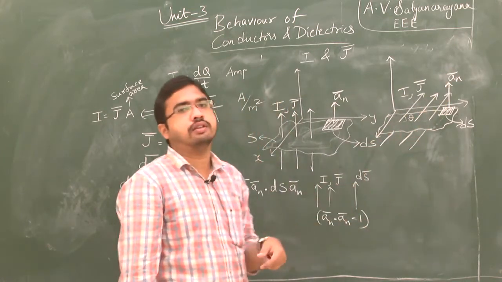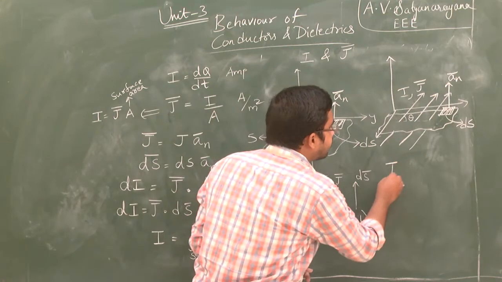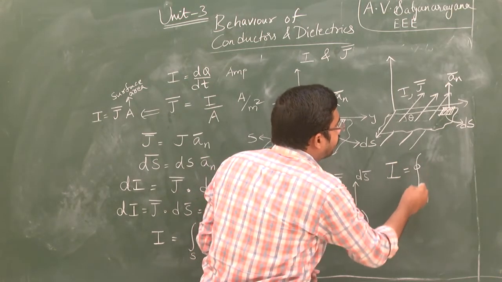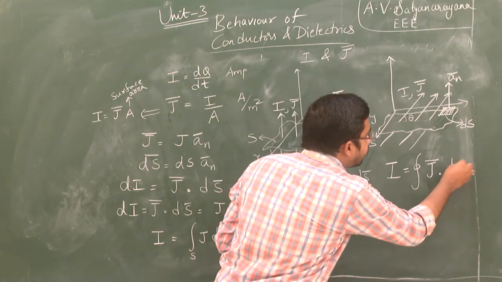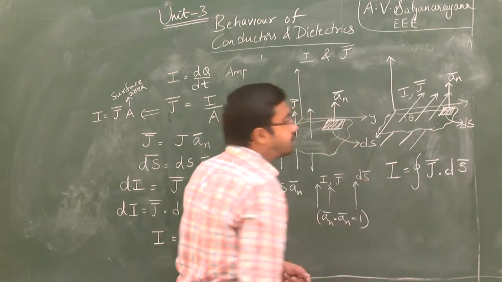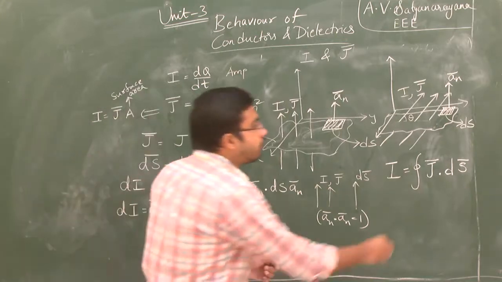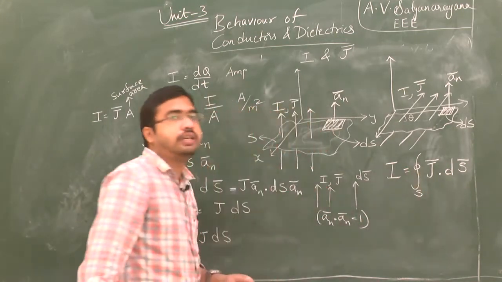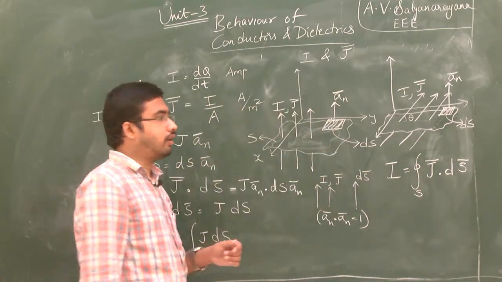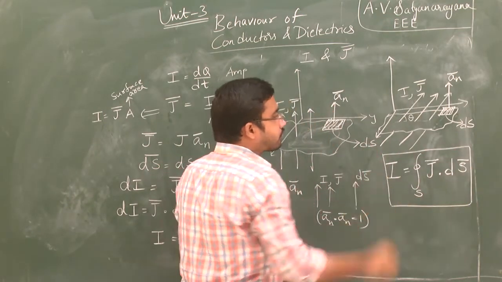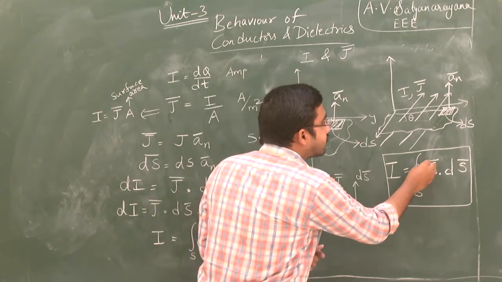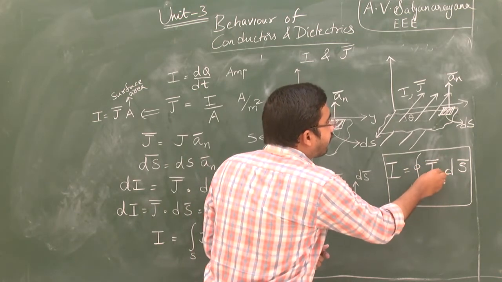For this case, your current is expressed as I equal to closed surface integral of j bar dot ds bar. Just we can leave it like that. Why are we leaving this dot product like this?